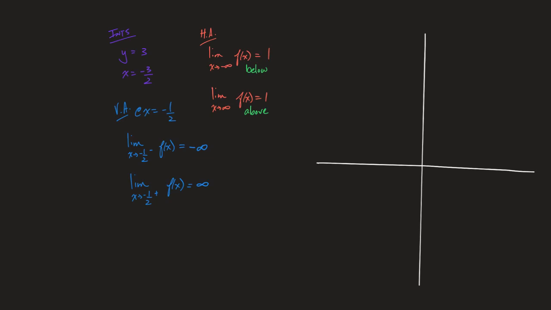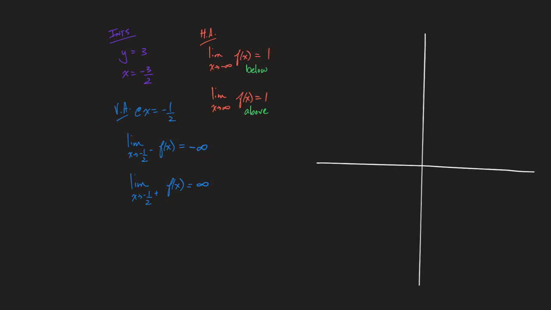So, same thing as before. I notice I've got a y-intercept of 3, x-intercept -3/2. My vertical asymptote is -1/2. My horizontal asymptote is at y equals 1. So I'm pretty good in terms of my scale. So what I'm going to do is start with my vertical asymptote. It has to be at an x value of -1/2.